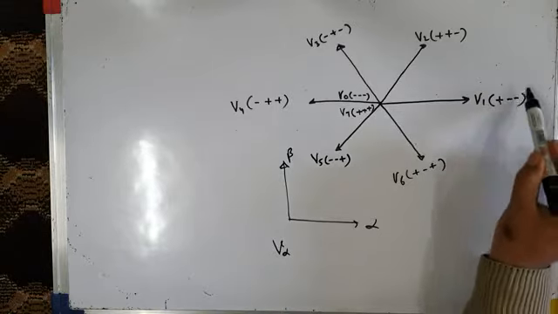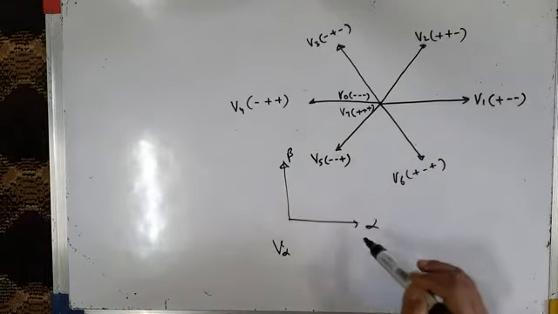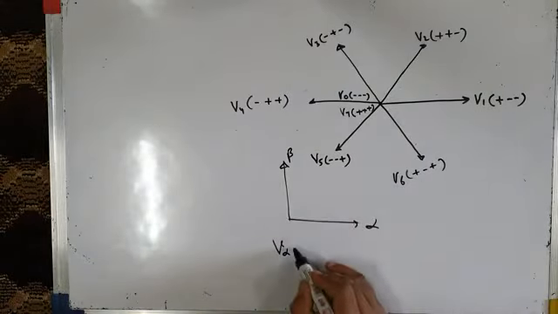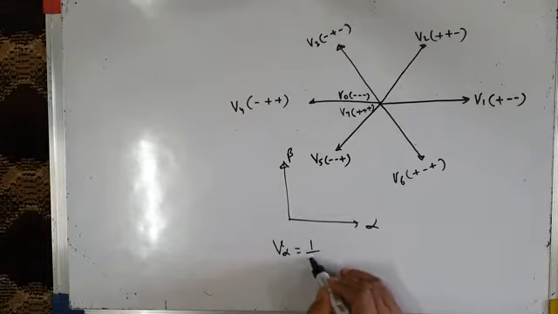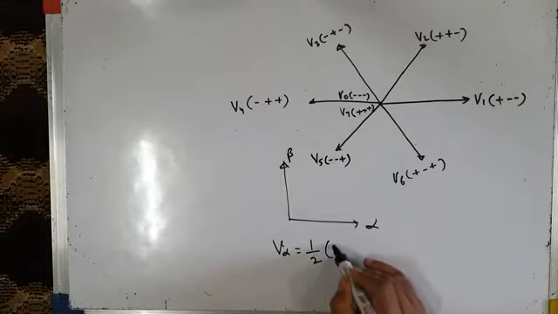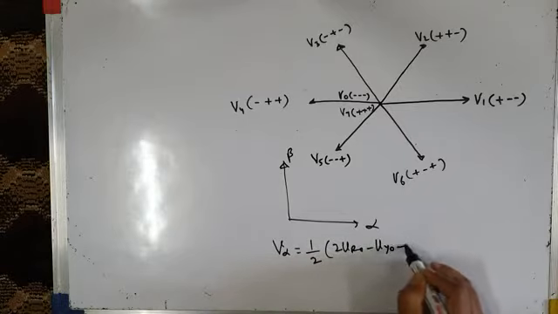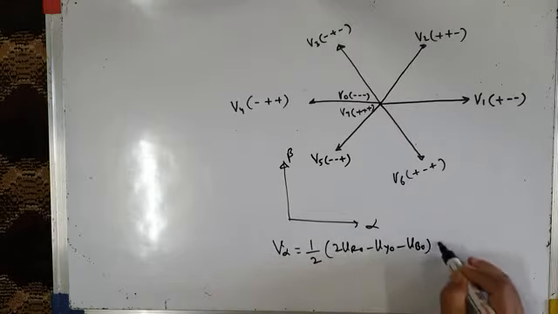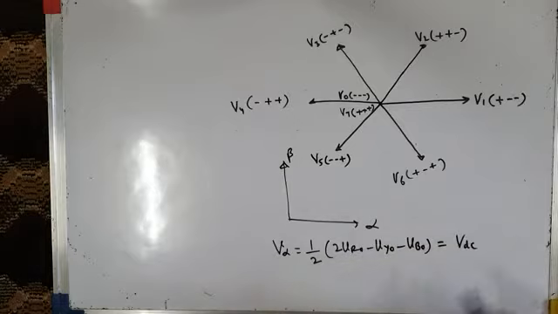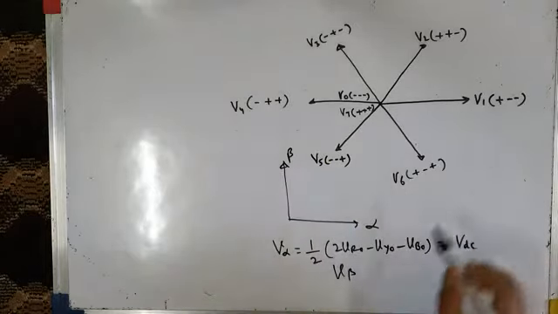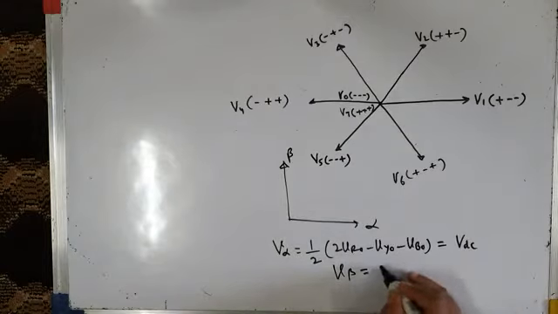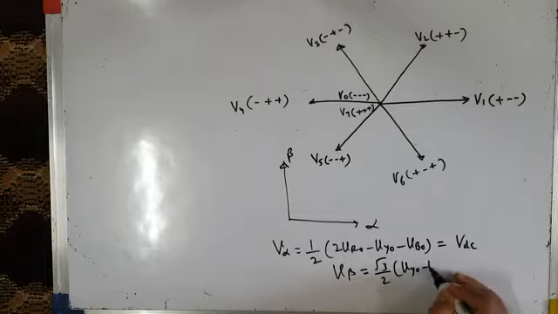So this three-phase quantity we transformed into two-phase quantity, and we calculated V alpha as, if you remember, it was given by this relationship, 1 by 2 times VRO minus VYO minus VBO. And this was equal to VDC. The beta component of this voltage was given by root 3 by 2 times VYO minus VBO.